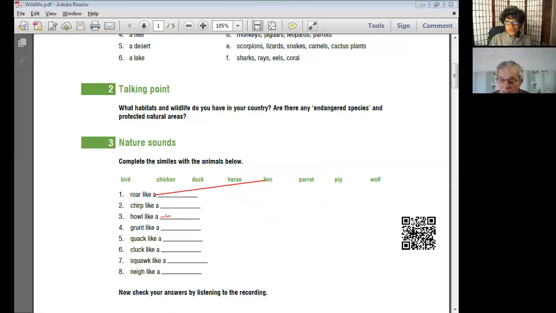Let's redo. Oh, now you have it. Howl like a wolf. Good. Grunt like a pig. Good. Quack like, I suppose, a duck.